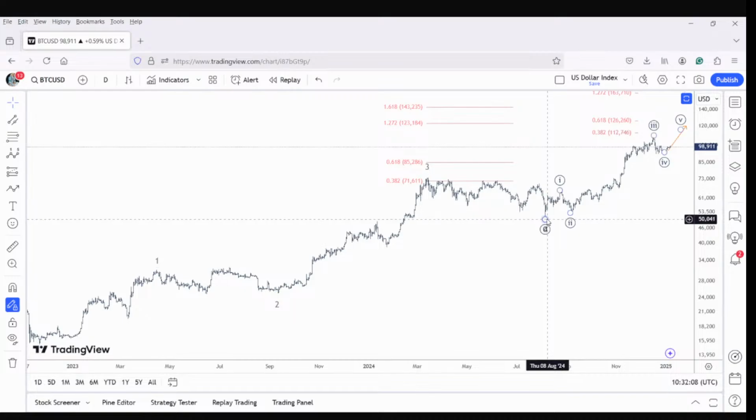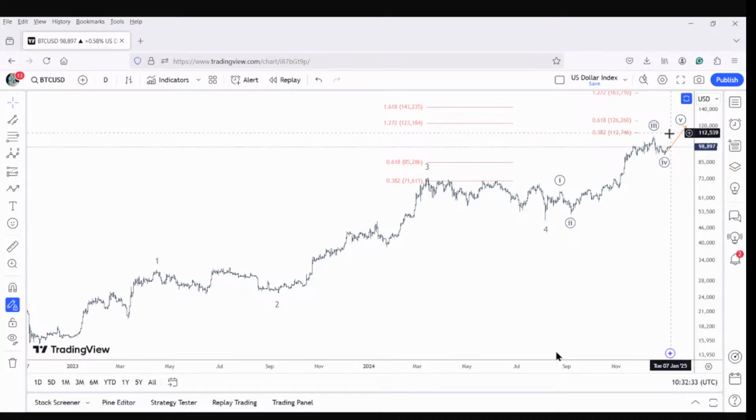Now I can count waves one, expanded flat two, three, maybe another wave four, which has dropped right across the previous wave of one lesser degree. So that is also valid. There could be one more push through.